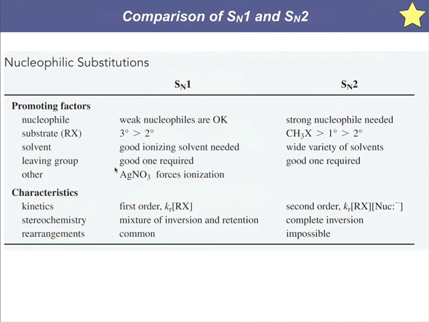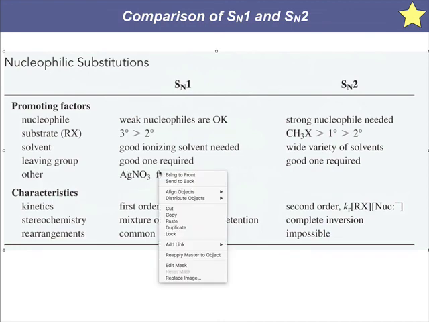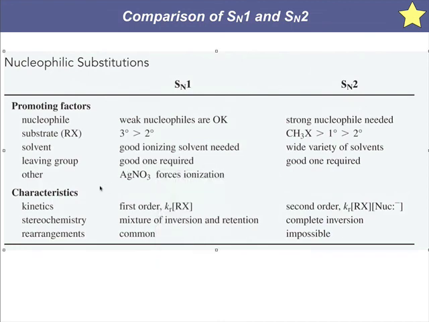Other notes, this says silver nitrate. I have just mentioned silver, silver chloride, silver bromide, silver nitrate. Any kind of silver ion will induce ionization, as well as heat. SN2 is second order. Its rate depends upon the concentration of the substrate and the nucleophile, because the mechanism is only one step, and that one step involves both of those species.